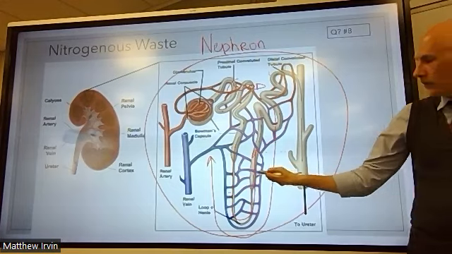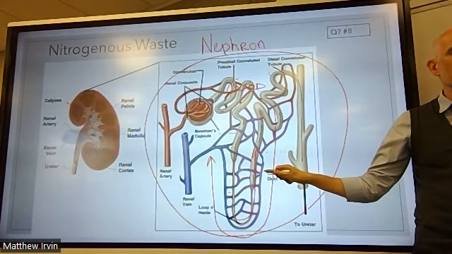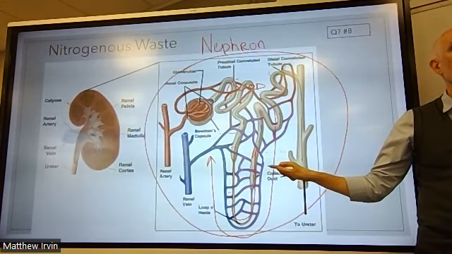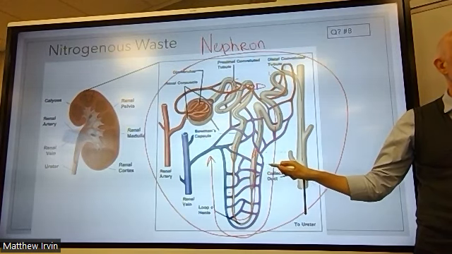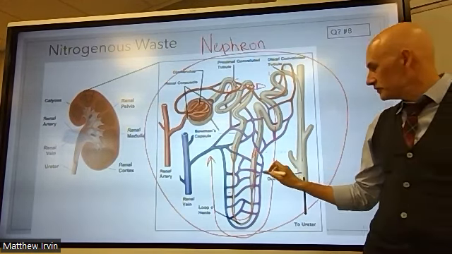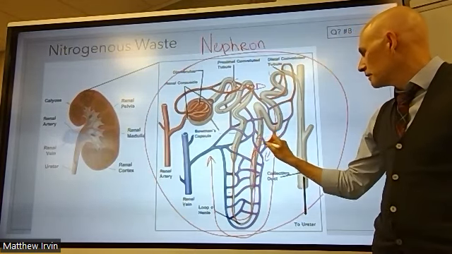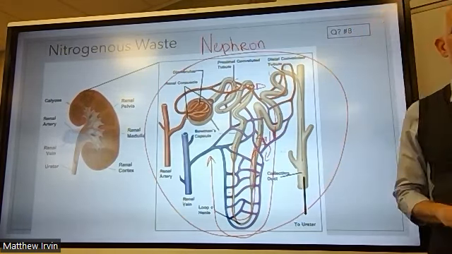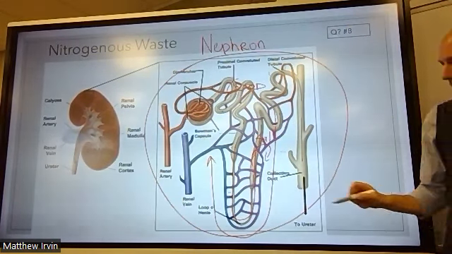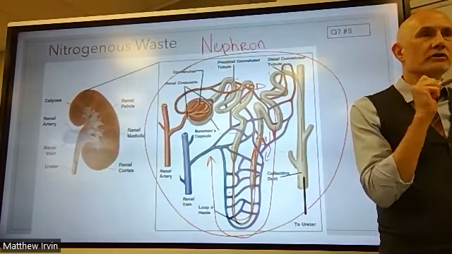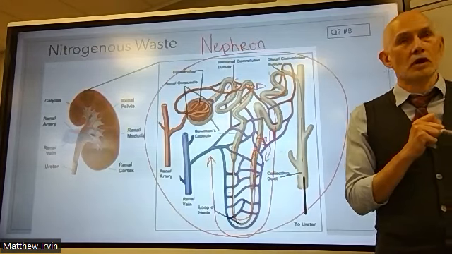And then over here, what is removed from the nephron? What's removed first? Salt. Salt is removed first. So salt goes from the nephron into the capillary. Why is that critical? Water follows salt.